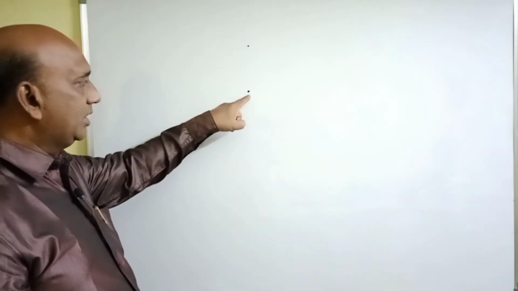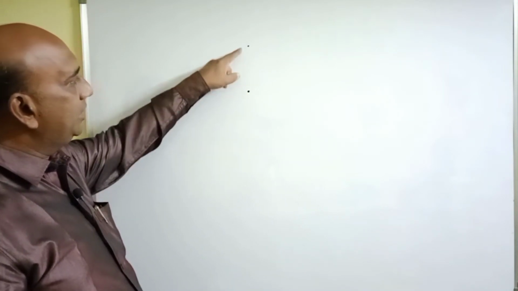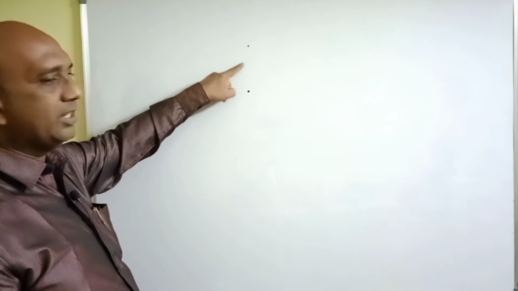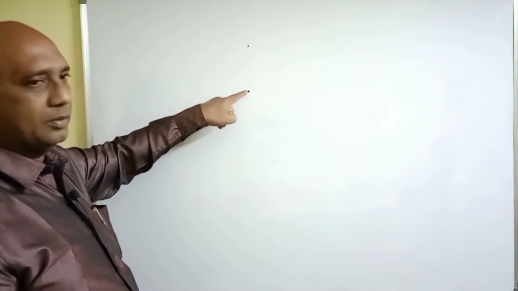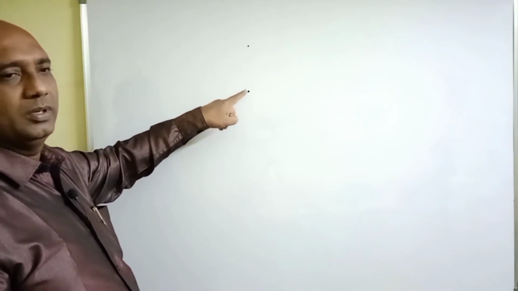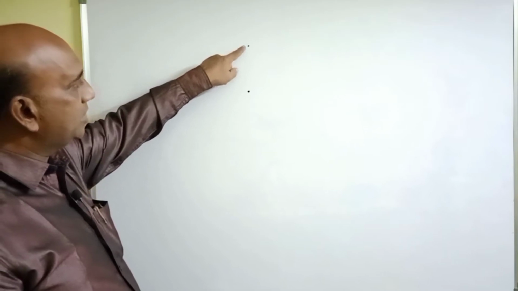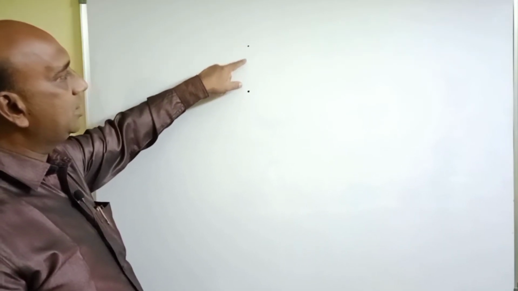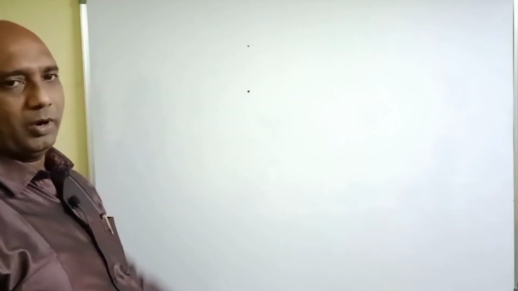Take this as a fixed point. From this fixed point, we can plot many more points at the same distance. That means this point is plotted at a 3 centimeters distance. At the same distance from this fixed point, we can plot many more points.